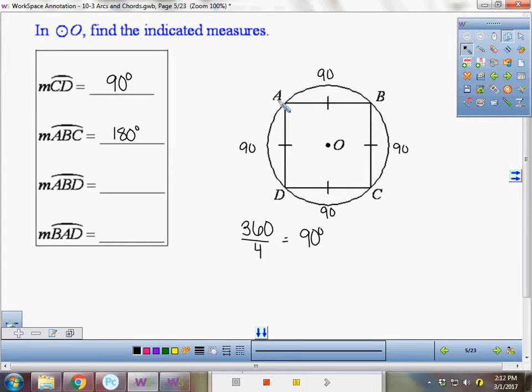Alright, ABD, so I start here, come around this side all the way to D. So I've got A, B, D, so that would be 90 times 3, which would be 270. And then BAD, I start at B, go to A and D, so that covers 2 of these, so 90 times 2 is 180 degrees.